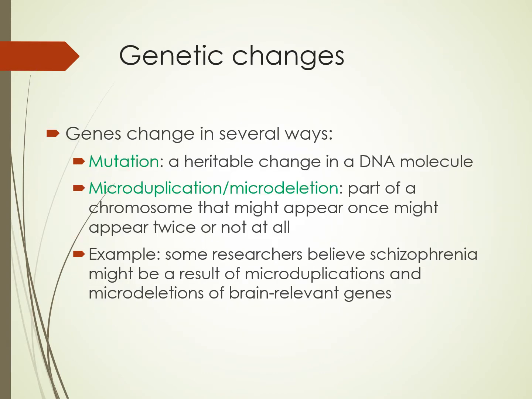And genes change in several ways, which is going to be repeated very briefly when we talk about evolution. We can have mutations, which are a heritable change in a DNA molecule.